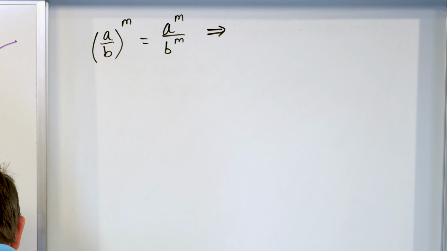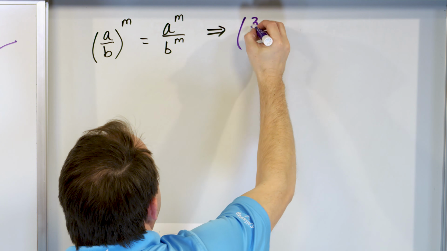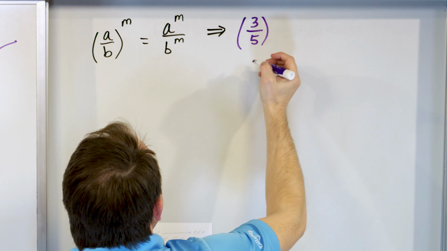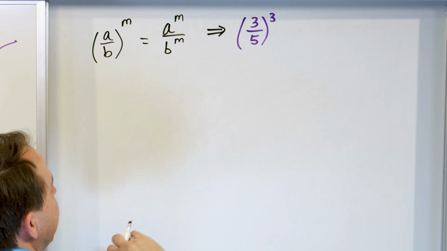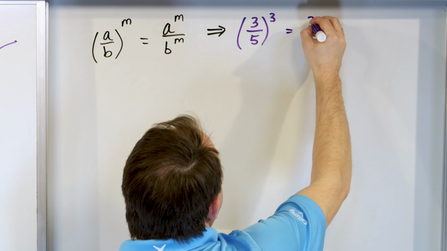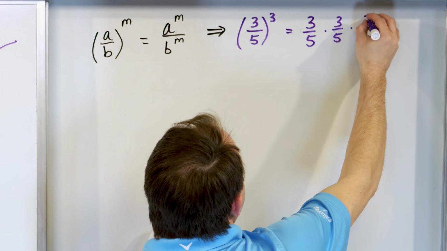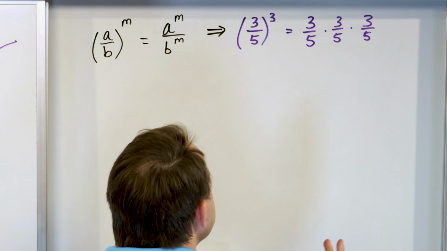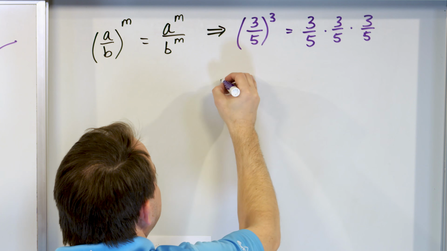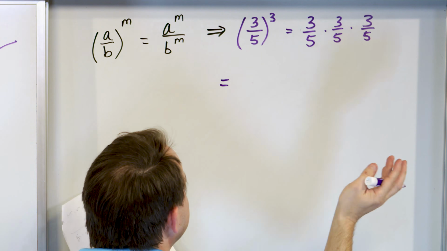So let's see how this would work with a numeric example. Let's take a fraction, it doesn't matter what it is. Let's call it 3/5, and we're going to raise it to the power of 3. If you had no idea what this rule is, you would say 3/5 times 3/5 times 3/5, because exponents mean you multiply something times itself. But then you remember from more basic math that when you multiply fractions, you don't care about common denominators or anything.